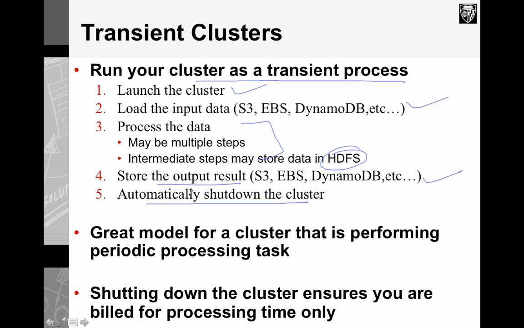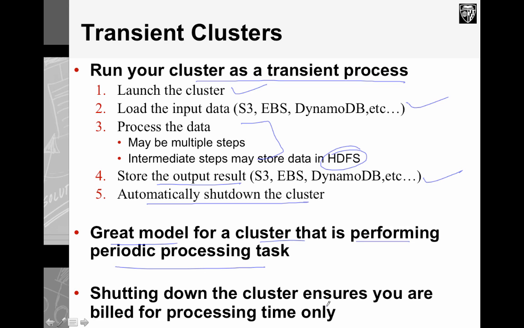It's a great model for a cluster that is performing periodic processing tasks. So maybe every hour on the hour, you launch a cluster which will do the work for 15-20 minutes, or maybe every 6 hours, or maybe every day, you launch a cluster that will process for 2-3 hours and shut down the cluster. And so you're actually only paying for the processing time.